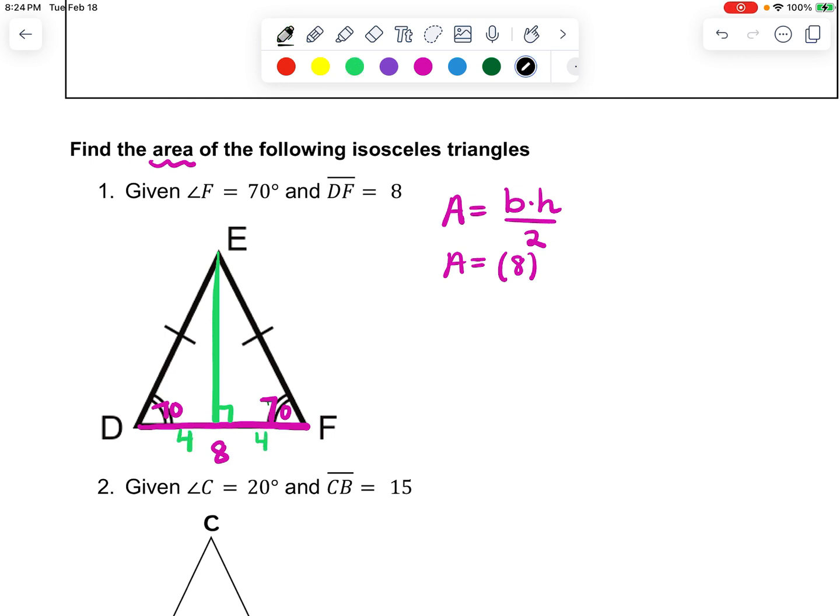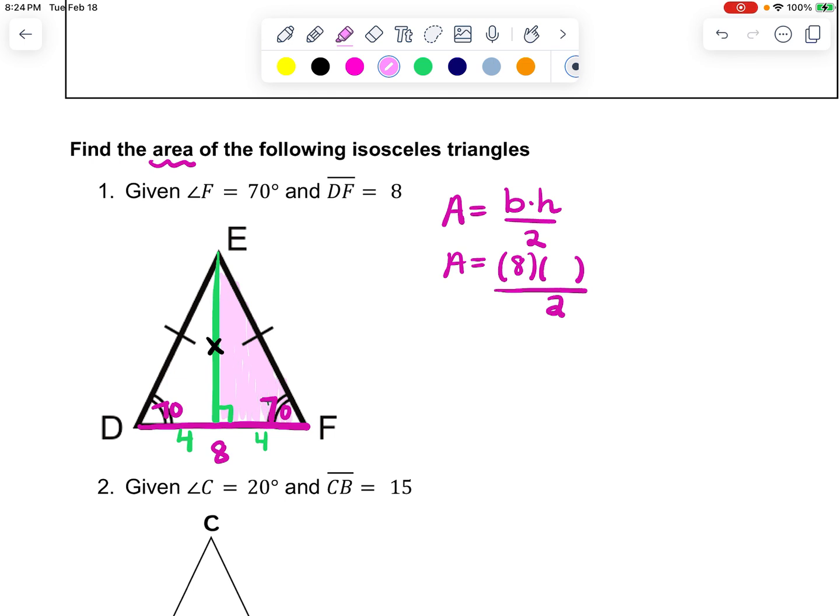Now this right here is x. I'm looking for the height for my triangle so that I can plug in the height here and then divide by 2. Okay, so what I'm going to look at is this baby triangle right here, and that's a right triangle that I can go ahead and use trig to get my height.